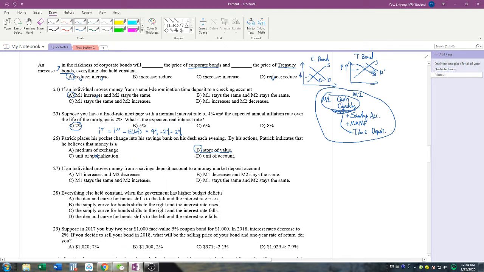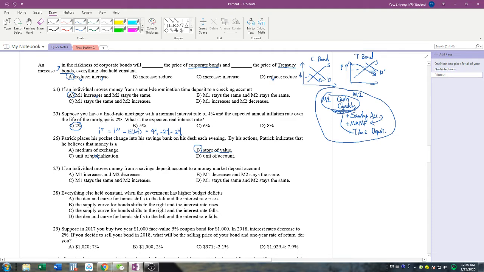27. If an individual moves money from a saving deposit account to a money market deposit account. So same thing, I'm going to use the graph over here, okay? So saving deposit account is over here. And this time I'm moving money from the saving account to the money market deposit account. So I'm moving money from this account to the second account.